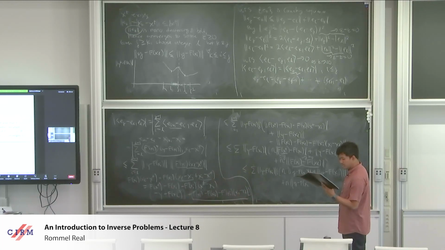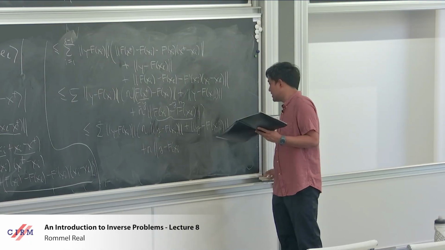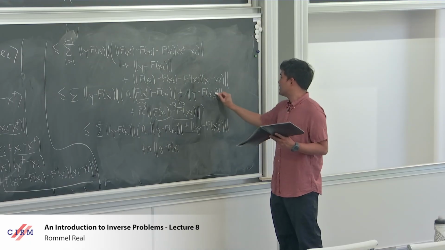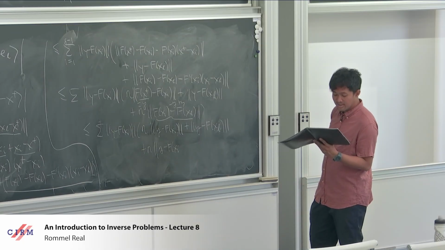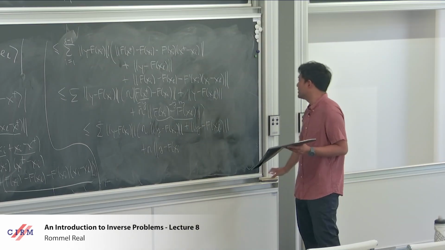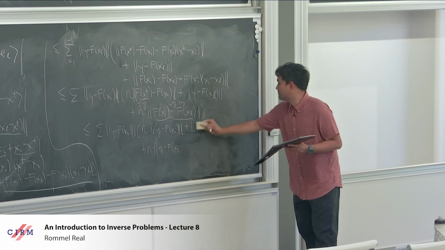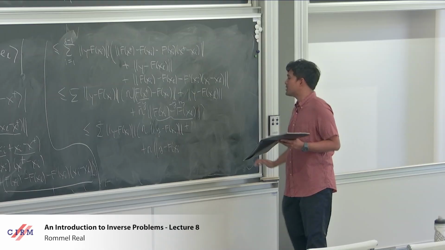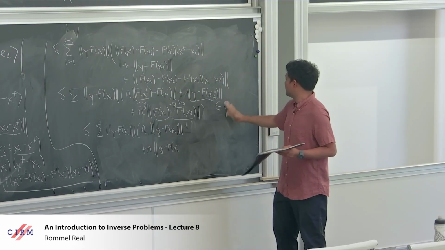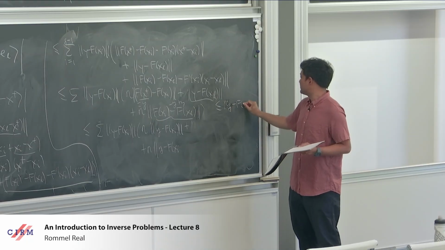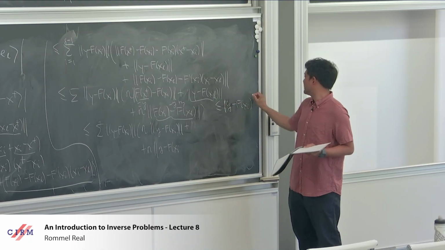Okay, and then you have that one, that's y minus, no, that should be L, sorry. Okay, you have this one. And also, I forgot to mention, note that by our choice of L, this is less than or equal to y minus f of xi.